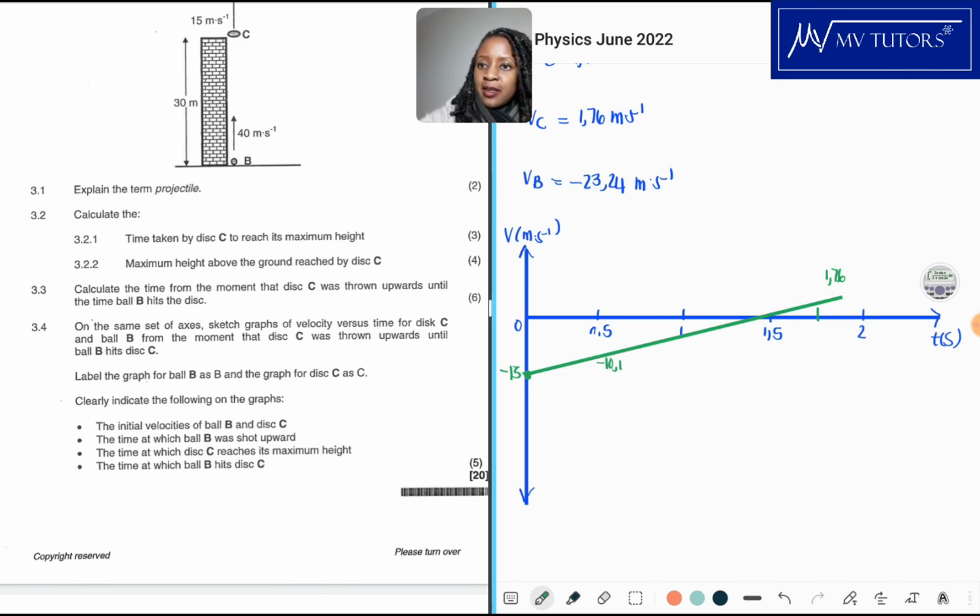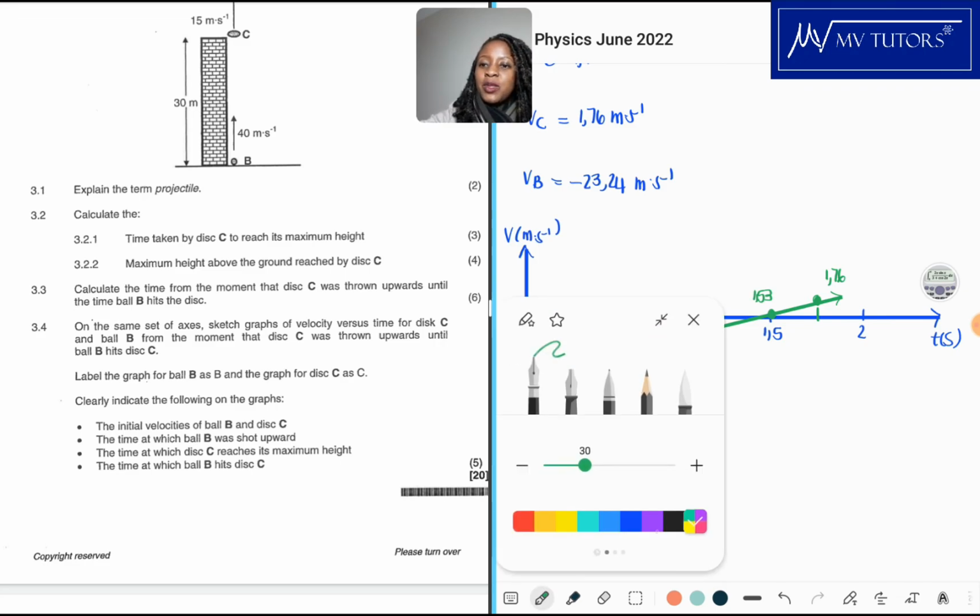So we'll say that's -10.1, and that is 1.53, and that will be 1.76. So that is for disk C.